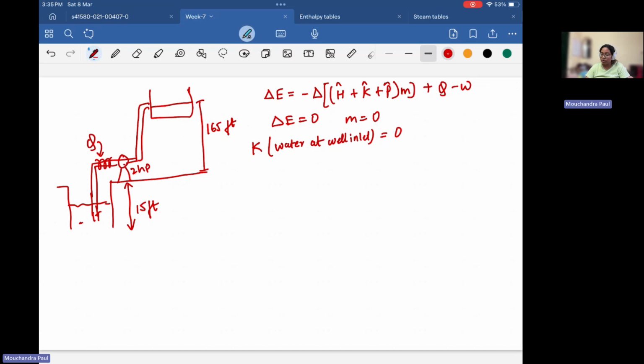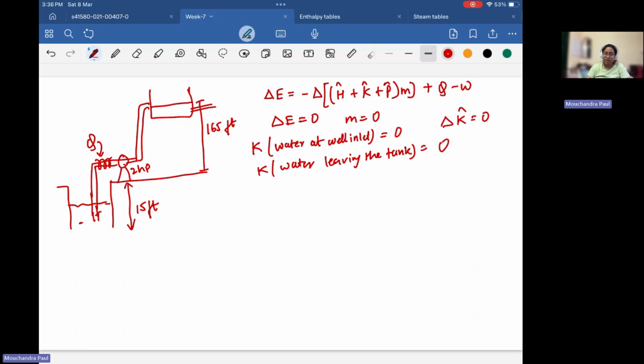And the water which is leaving the tank, here there is some pipe that is going to leave, that also has kinetic energy 0. So the net kinetic energy for the entire system becomes 0.